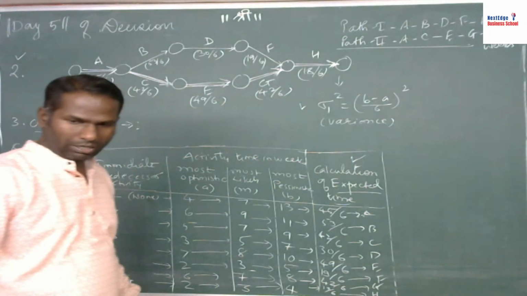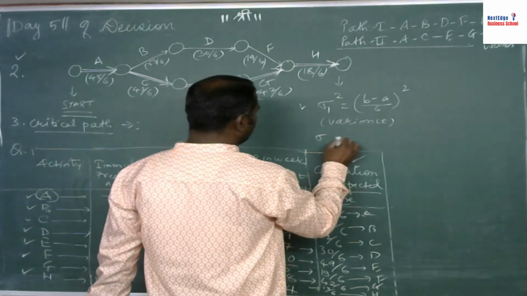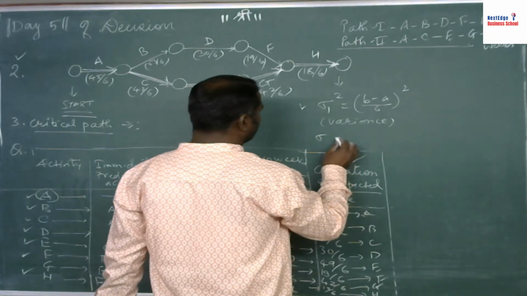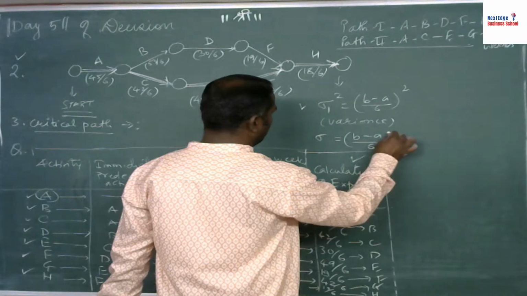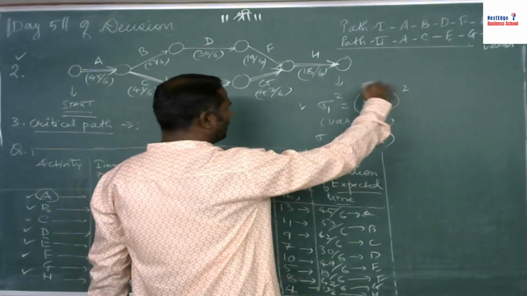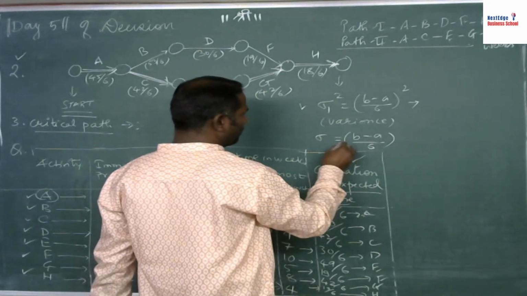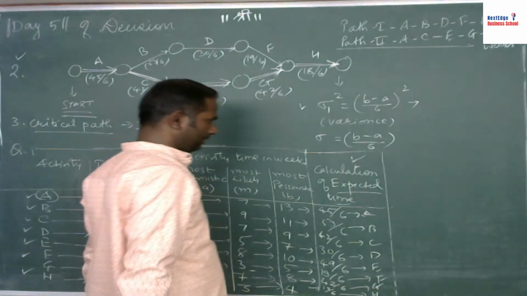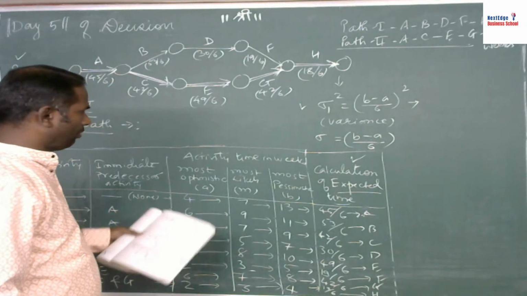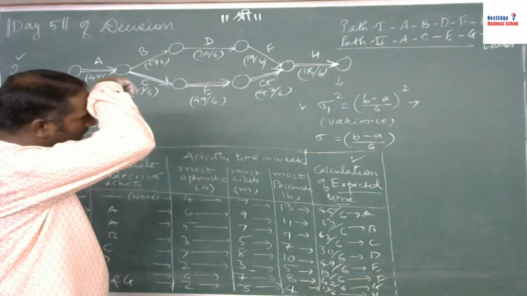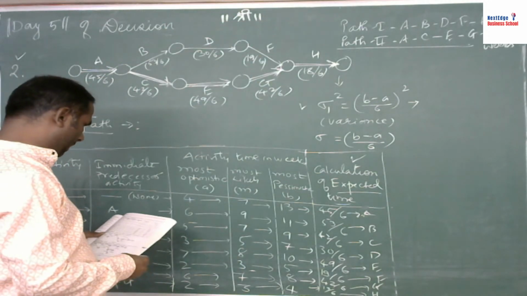And if they ask you to calculate the standard deviation, take the square root of it, removing the square, and you will get sigma is equal to (B minus A) upon 6. Clear? So now we can do the same for the given problem. Let us calculate variance first and then standard deviation.